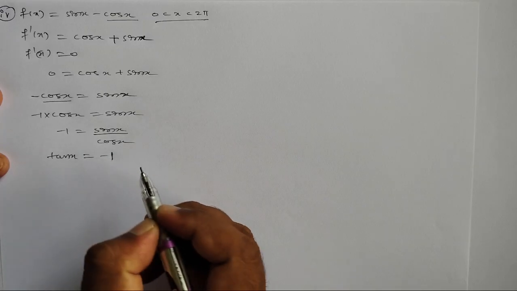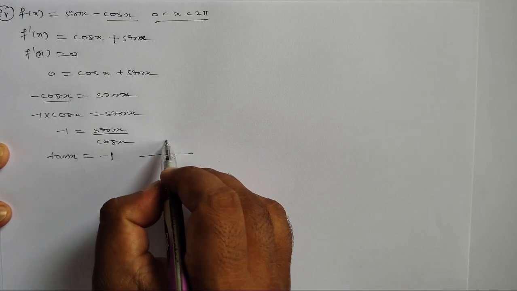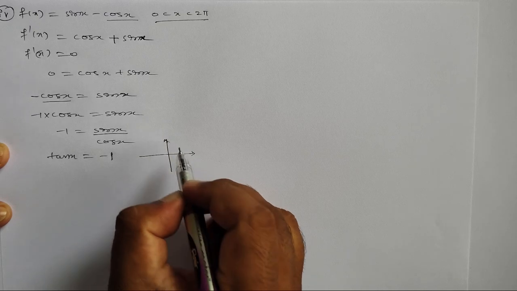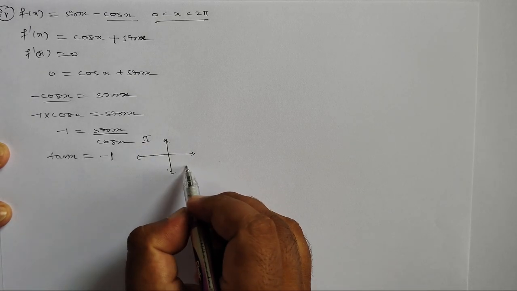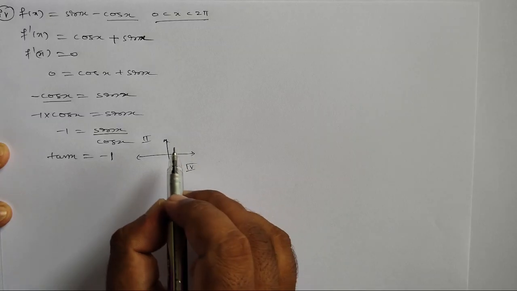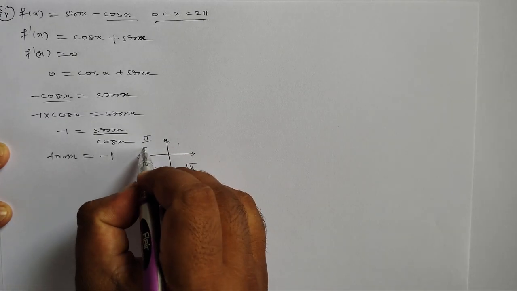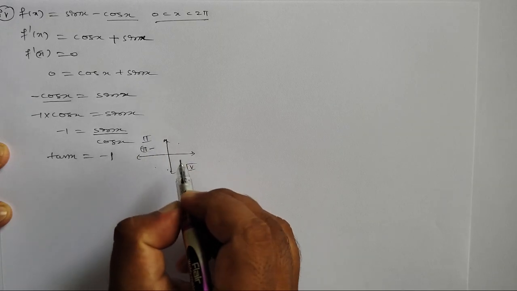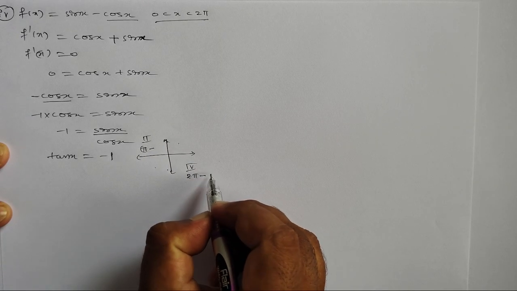When does tan become negative? In the second quadrant it is negative, in the fourth quadrant it is negative. In the first quadrant and third quadrant, tan becomes positive. In the second quadrant means pi minus angle, and in the fourth quadrant it becomes 2 pi minus angle.